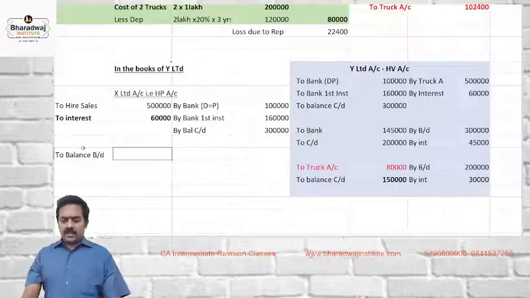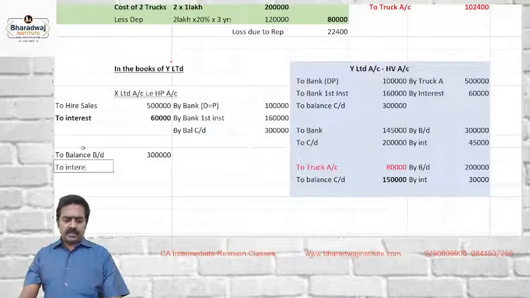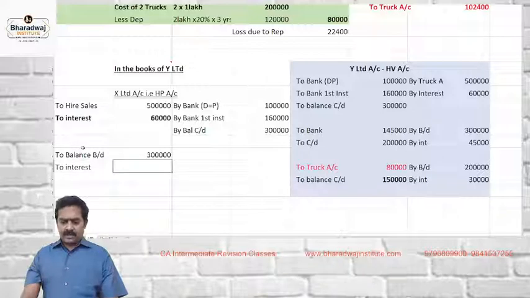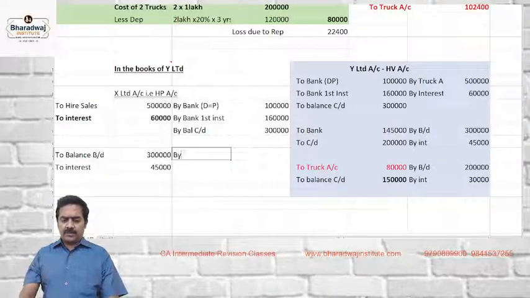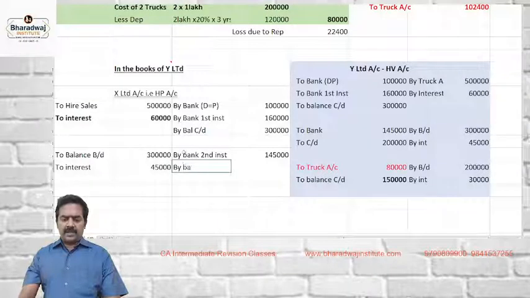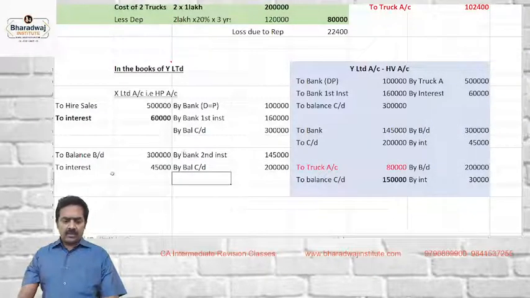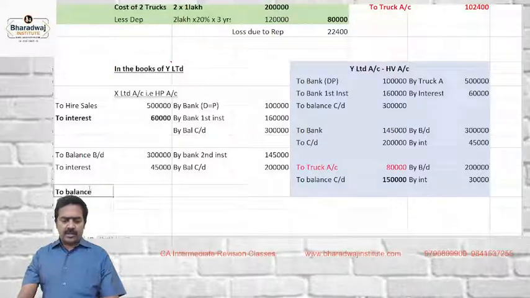What is the balance brought down next year? 3 lakhs to interest. What is the interest? 45,000. We collect the second installment also. 1,45,000 is collected. By balance carry down. How much? 2 lakhs. Next year, to balance brought down 2 lakhs.